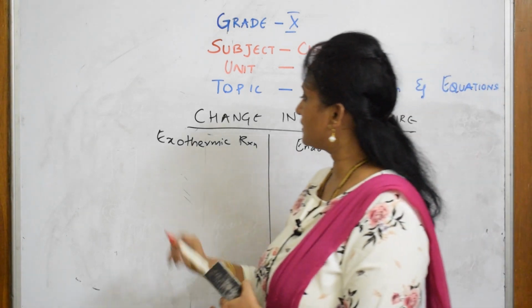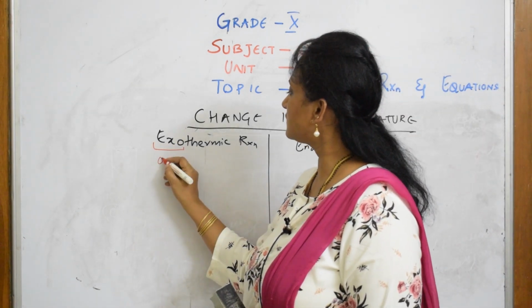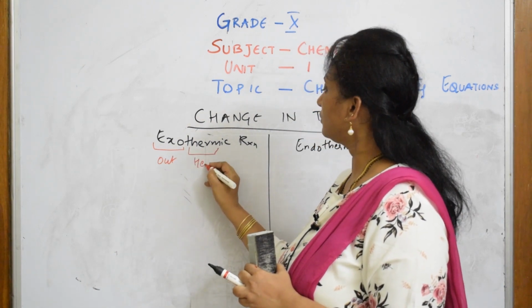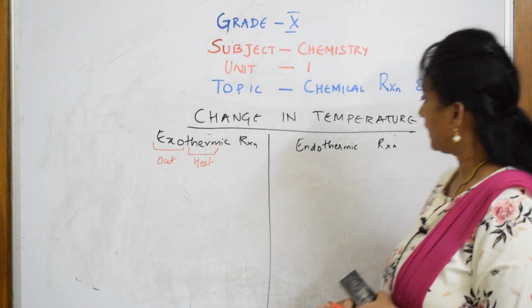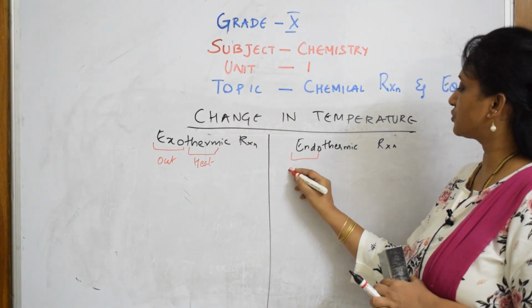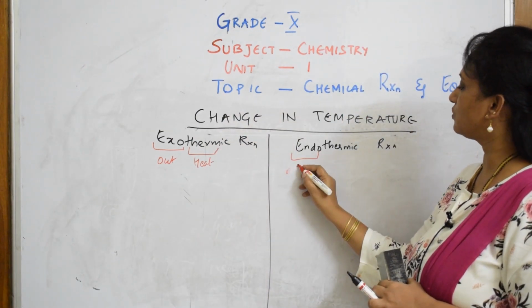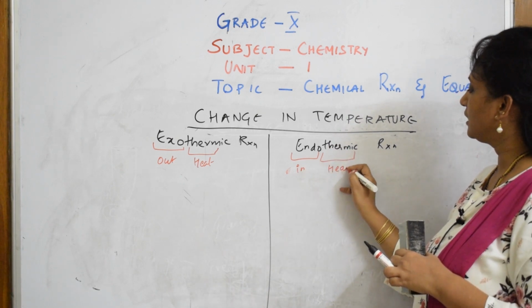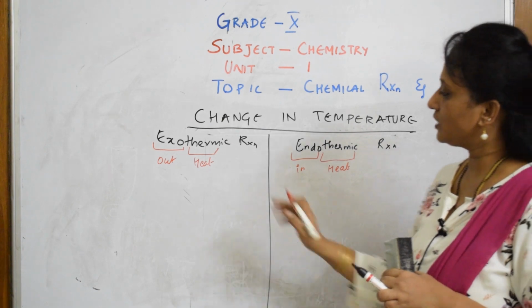Exo, as the name suggests, means out, giving out, and thermic means heat, so heat is given out. Endo means absorption in, the opposite of out, so heat is absorbed inside.